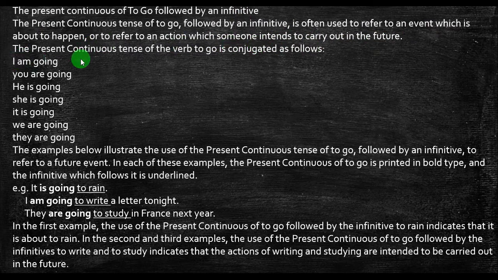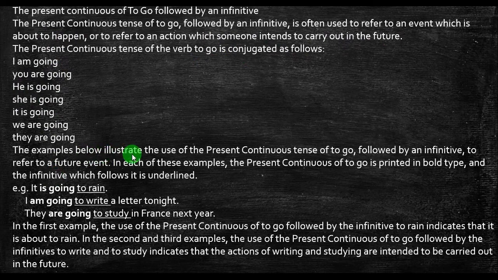So am going plus to infinitive structure इस्तेमाल किया जाता है फ्यूचर के एक्शन के लिए जो कोई होने वाला है या जो कोई करना चाहता है, राइट? आओ सीखें कैसे.